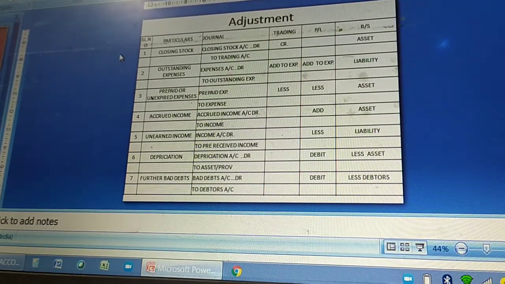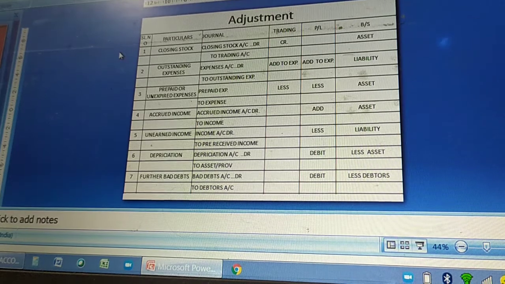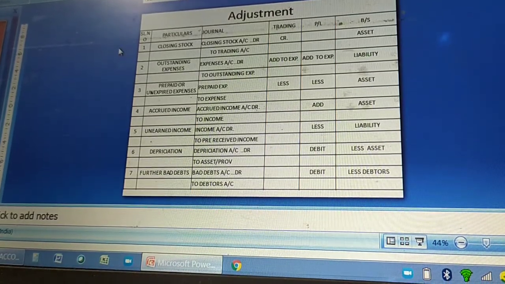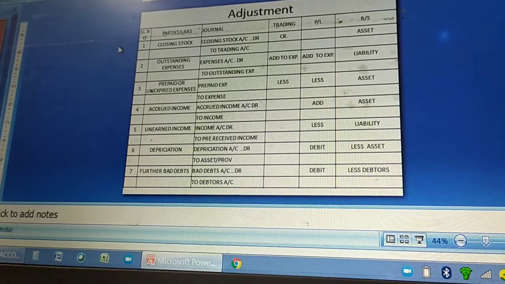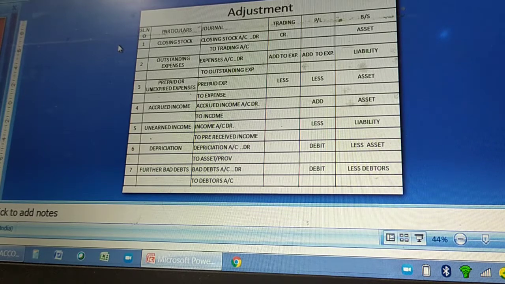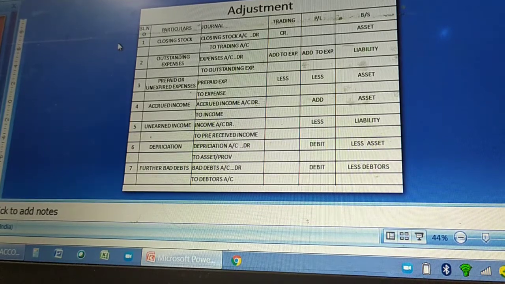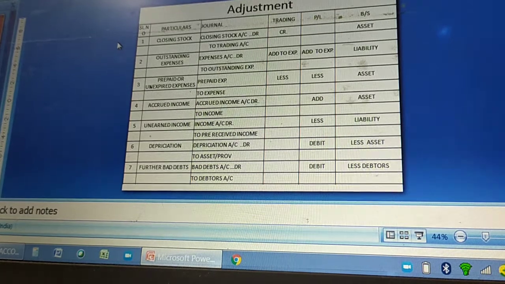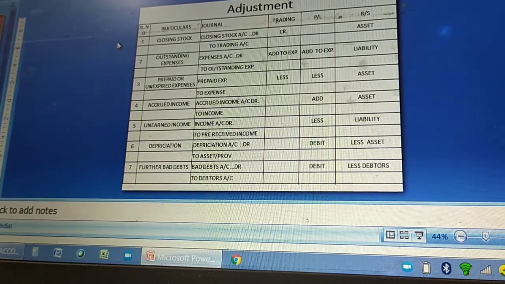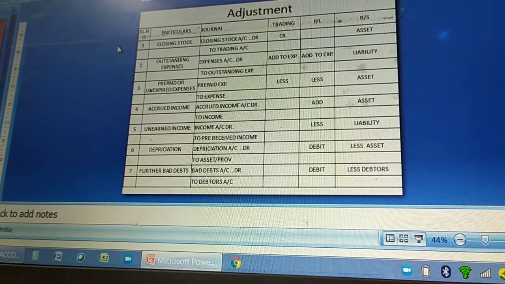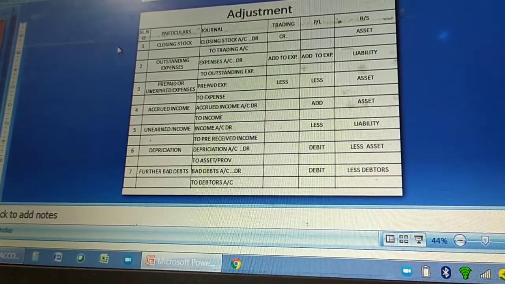Now you know that final accounts are prepared under accrual basis of accounting. But many a times it happens that cash basis is done, that means we have received what we should have received, that is income. Under accrual basis, revenues are accounted in the books when they are earned, whether received or not.